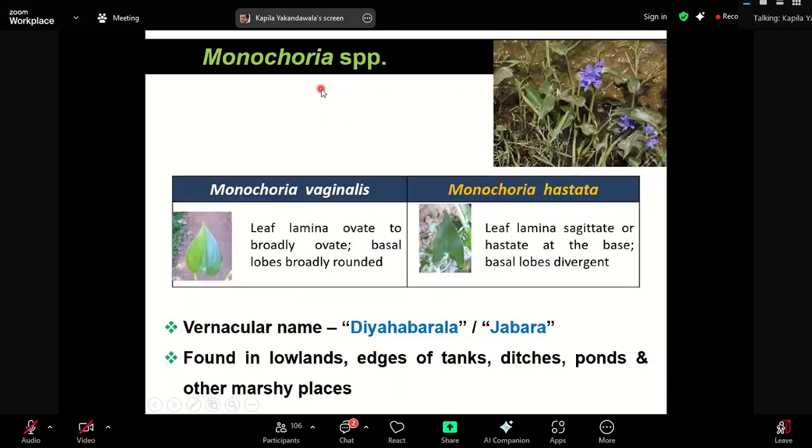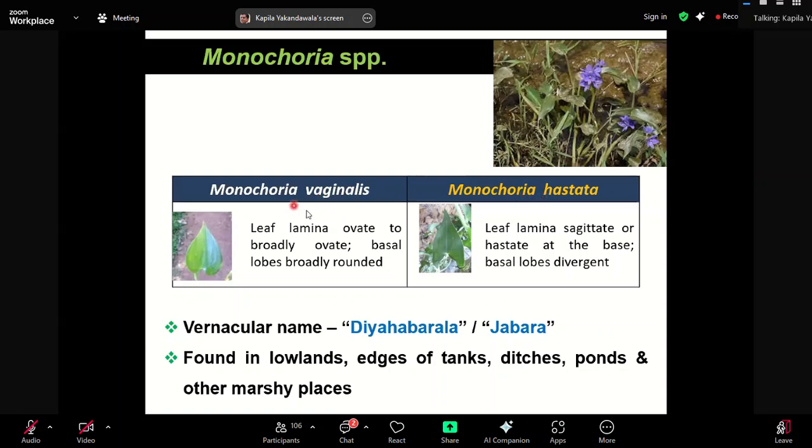Then another example, this is called Diya Habarala in Sinhala. It is abundant in paddy fields. It has reddish, purple, bluish purple colored flowers.